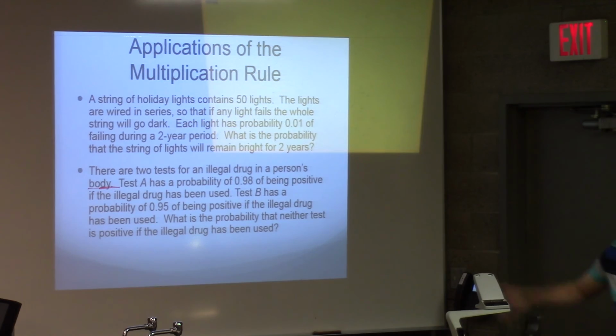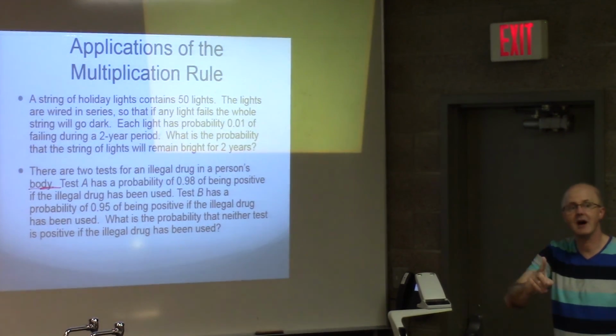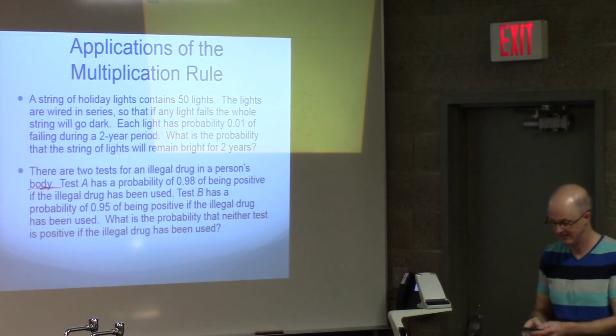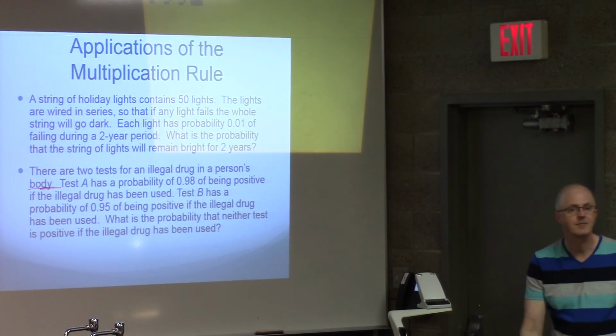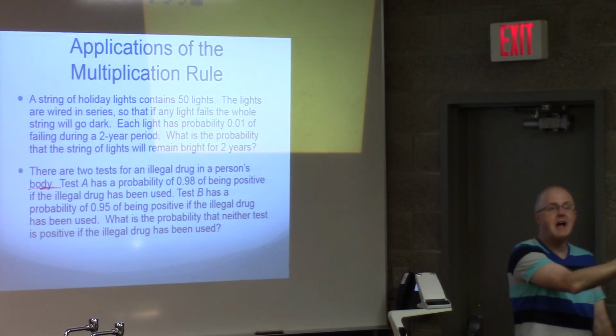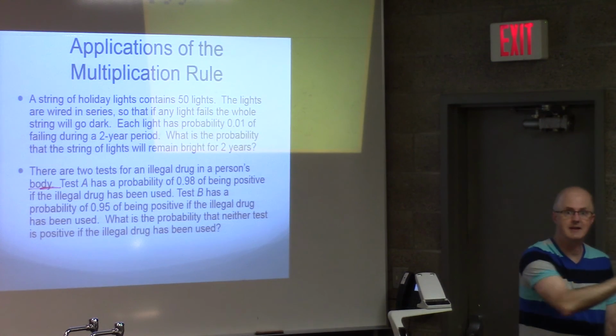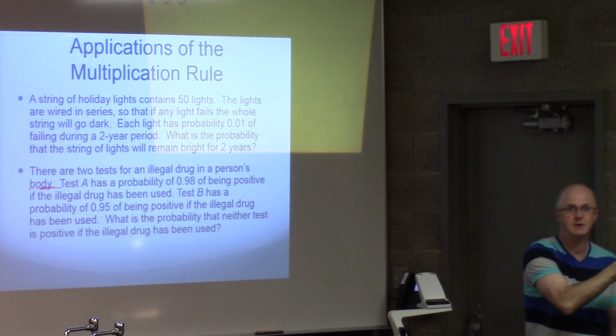Since the probability of failure for any one light is 1%, the probability of not failing is 99%, 0.99. There's 50 lights. What's the probability that none of them fail? In other words, they all work for a 2-year period.